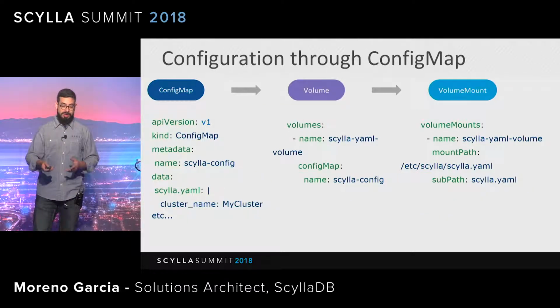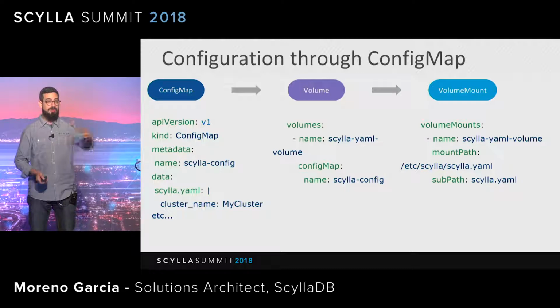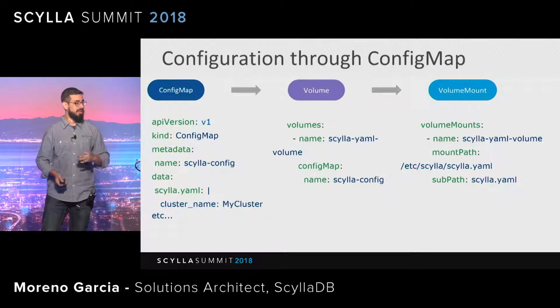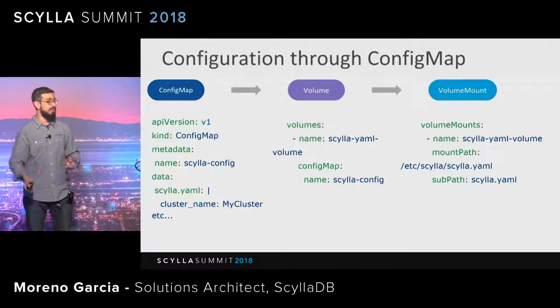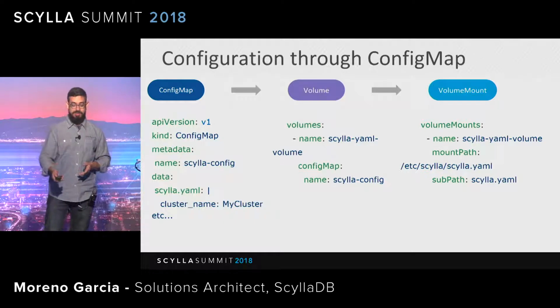And this is a very simple, very small example of the Scylla YAML. If you go to our GitHub, you'll see the Scylla YAML with all the options, all commented out, but it has like 800 lines because all Scylla options are available there. But I'm just showing you one option, which is the cluster name. You get the idea here that you have a config map. This config map is called scylla-config.